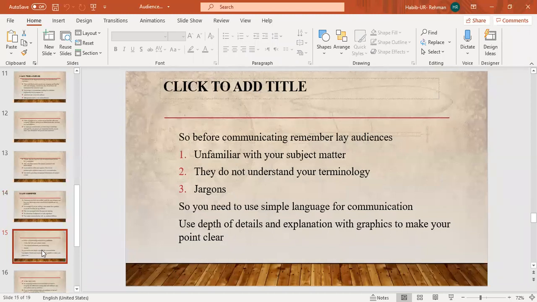When a doctor is talking to another doctor, they communicate easily, they can understand each other, because they are experts in their field.